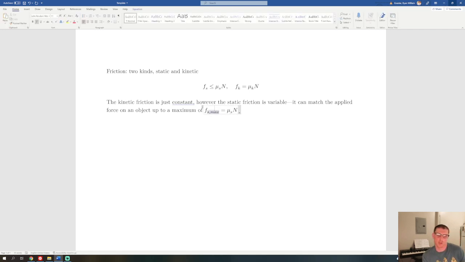And so it's important to remember that it's variable, and it can attain a range of values depending on what the applied force is, and we're thinking of an applied force that's in the horizontal direction, right? That's parallel to say the ground if we're imagining a box resting on the floor.